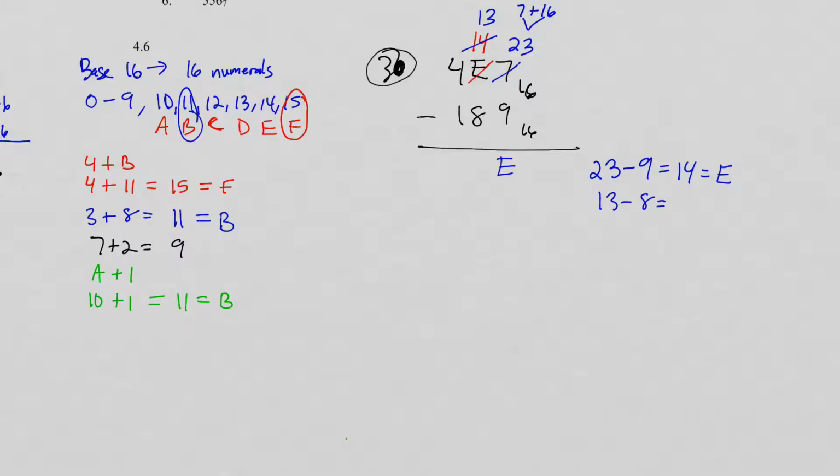And 13 minus 8 is just a regular 5. And then 4 minus 1 is 3, which is a regular 3. So the answer is 35E base 16.